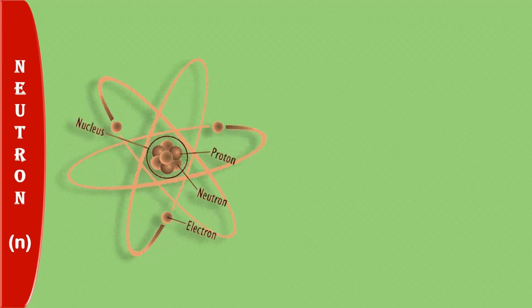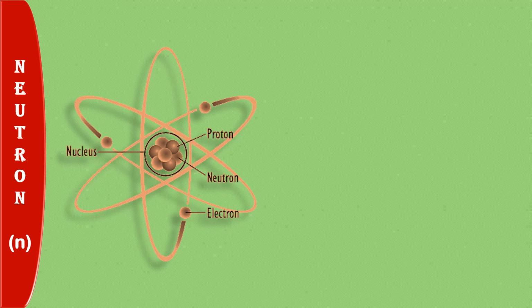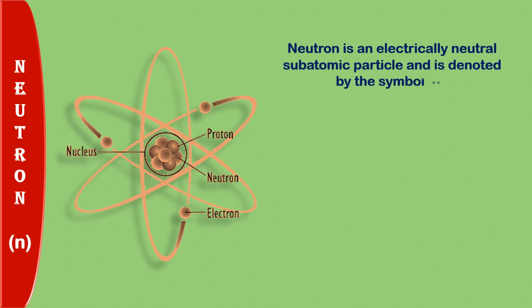Next we have the neutron, also present in the nucleus of the atom. It is electrically neutral and is denoted by the symbol N. So, two particles in the nucleus of the atom. One is the proton, which is positively charged, and the second one is the neutron, which has no charge.